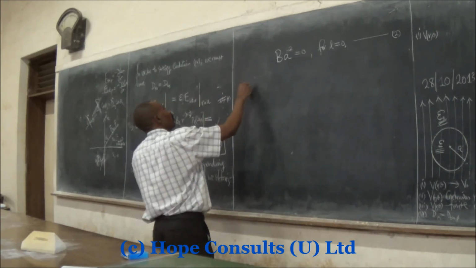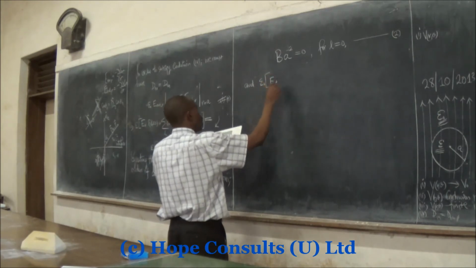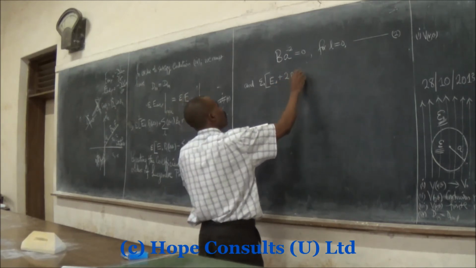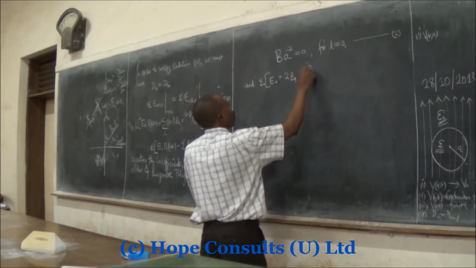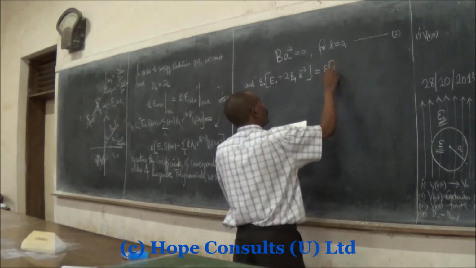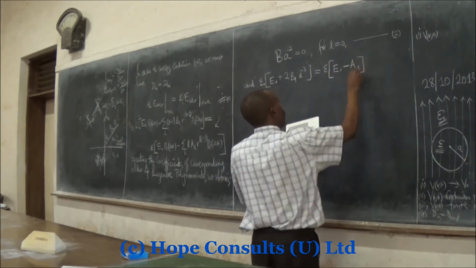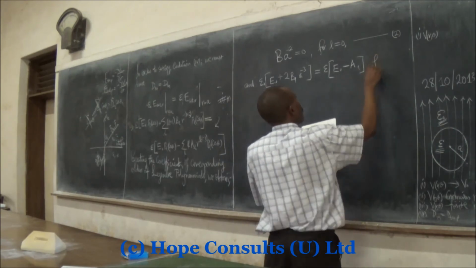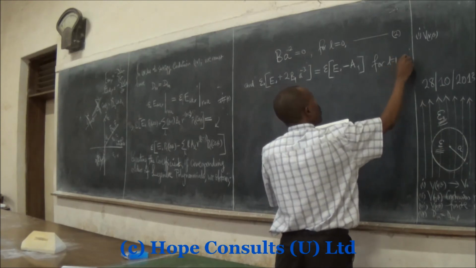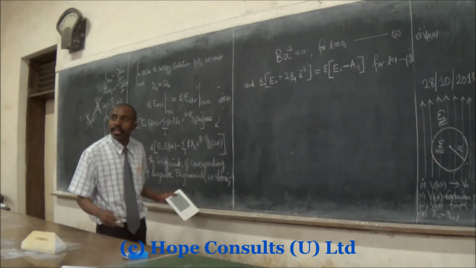And we shall also have that epsilon naught into E naught plus 2B1 a to the minus 3 will be equal to epsilon into E naught minus A1 for L equal to 1.